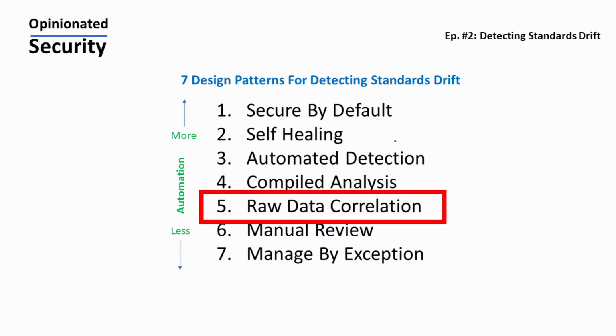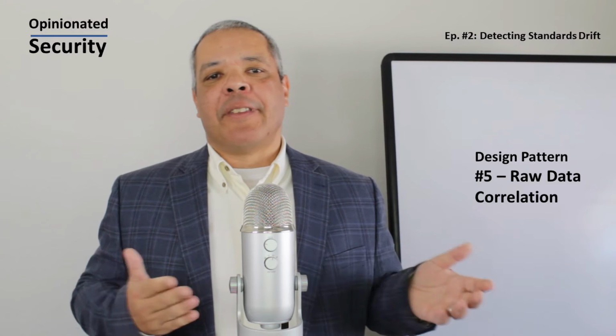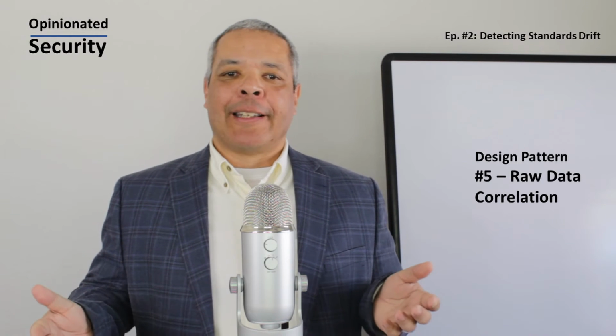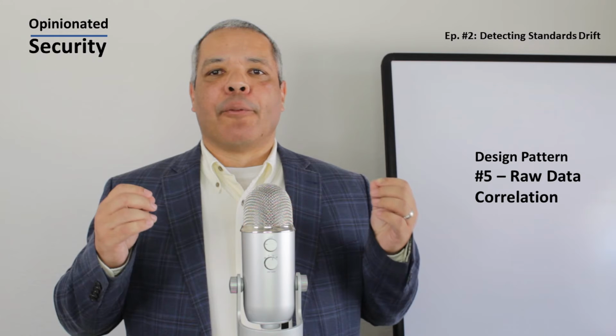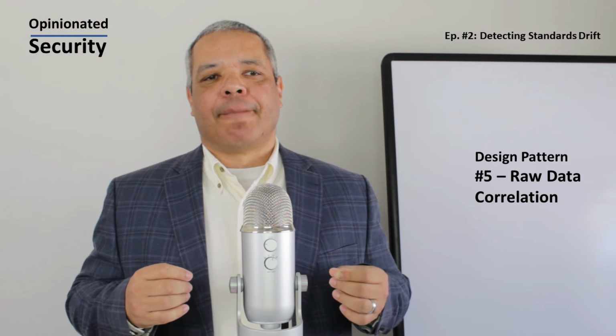Design pattern number 5, raw data correlation. I promise you that every single organization has some aspect of this design pattern governing their controls today, regardless of their state of maturity.